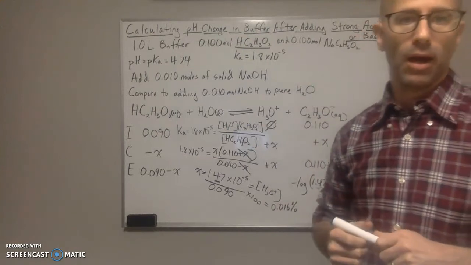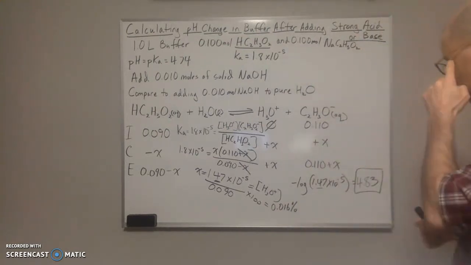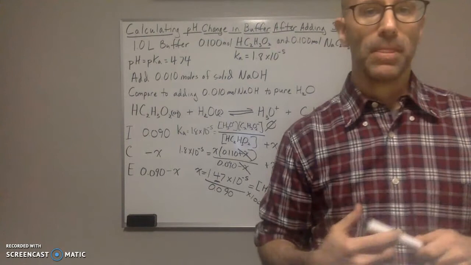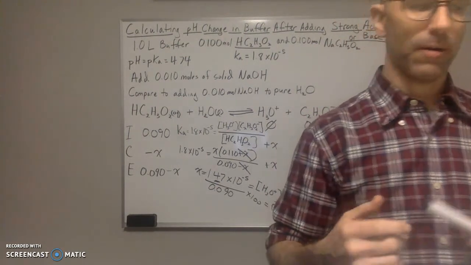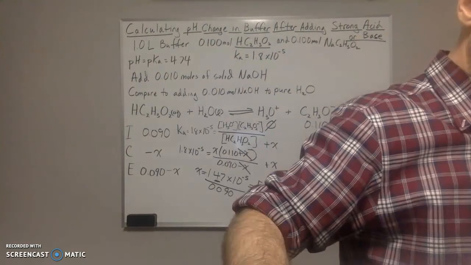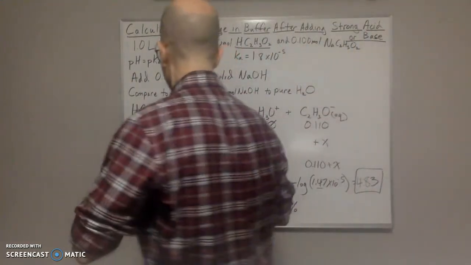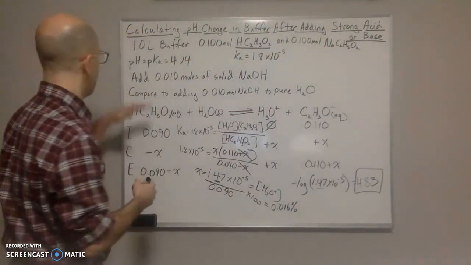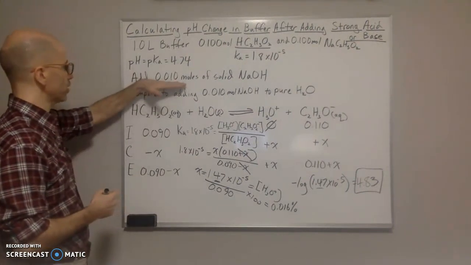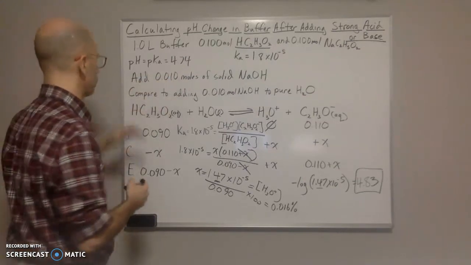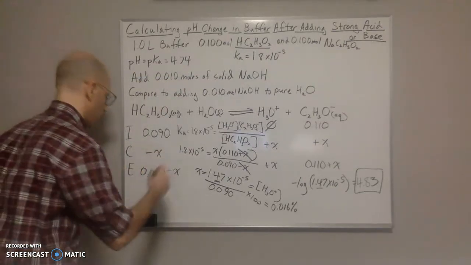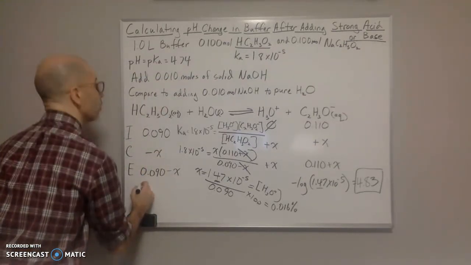Okay. So the next thing you want to do is check it for water as well, as pure water. So with pure water, we took 0.010 moles of the base and we put it into 1 liter of water. So what would be the molarity of that?